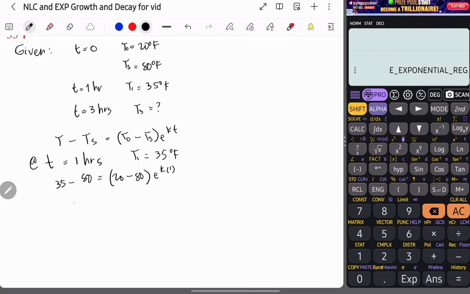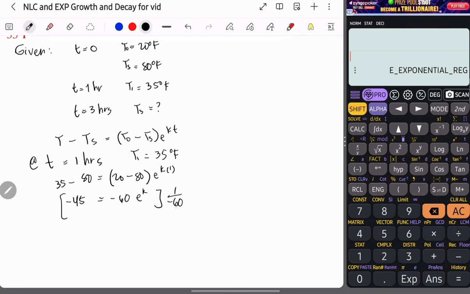35 minus 80 is negative 45. 20 minus 80 is negative 60. Then 1 times K is K. So first, we have to get rid of negative 60, then e, then find the value of K. So first, we will divide both sides by negative 60.